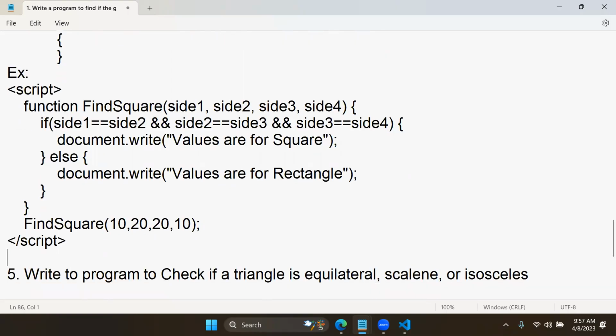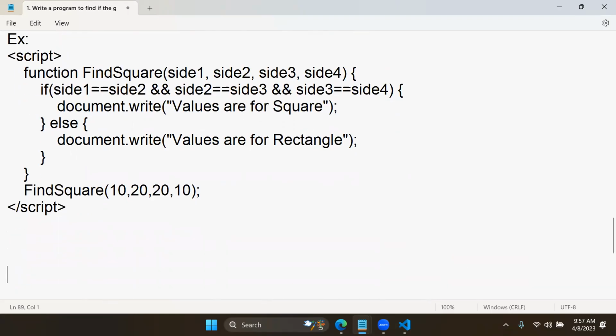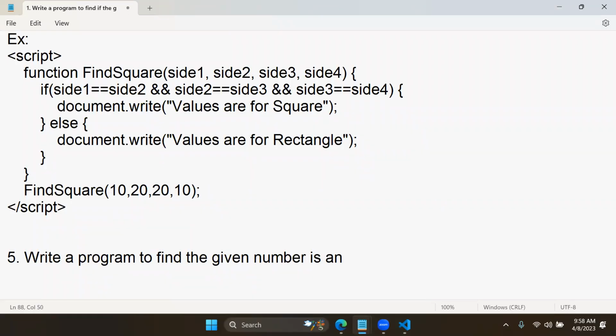Next, one more option here. I will give 5. Next one, write a program to find whether the given number is even or odd.